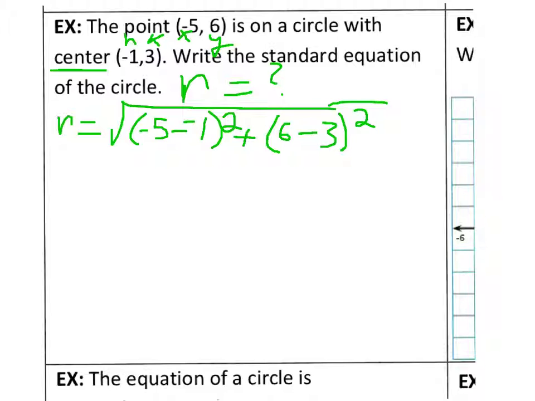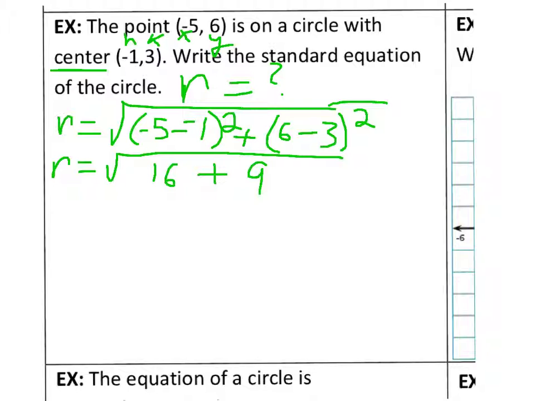Okay, so let's simplify all this stuff. Leave the square root alone. Negative 5 minus the negative 1, what is that? Negative 4. Negative 4 squared is 16. Plus 6 minus 3 is 3, squared is 9. Which is 25.